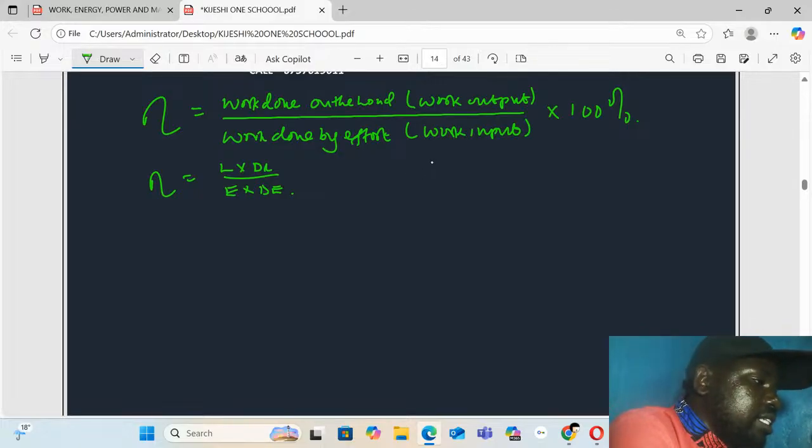Previously, we know that load over effort will be given as mechanical advantage, and we know that dE over dL will be given as our velocity ratio.